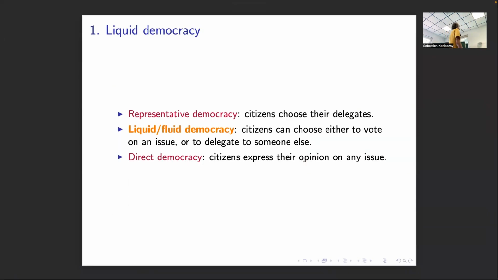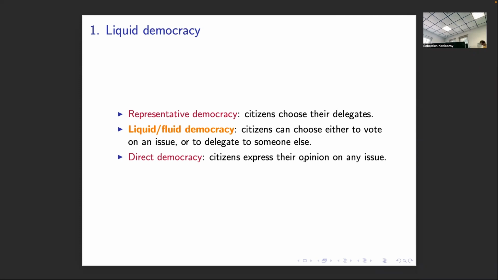Okay, liquid democracy. Some of you, perhaps many of you, know that the two typical forms of democracy are direct democracy and representative democracy. You're probably more used to representative democracy, where you elect delegates, like members of parliament, the steering committee of your laboratory, and so on.